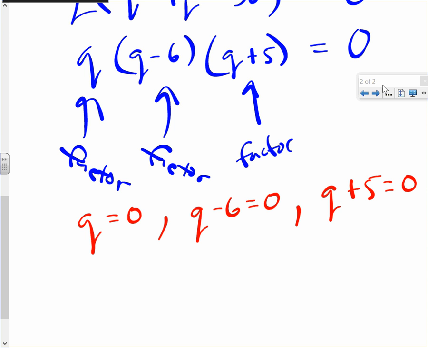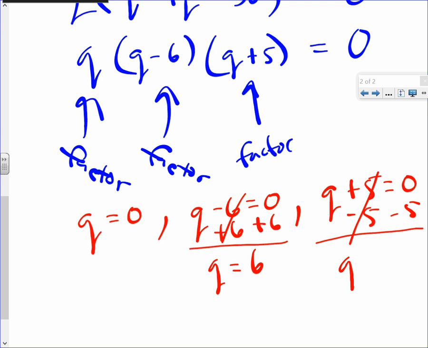How do you solve for q here in the second equation? Thank you. Add 6. This is middle school stuff. Look, q is 6. There's our second solution. Third solution. How do you get q by itself over here? Subtract 5 from both sides, huh? q is negative 5. Here are our solutions, ladies and gents.